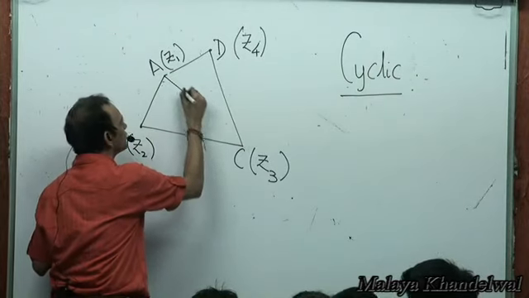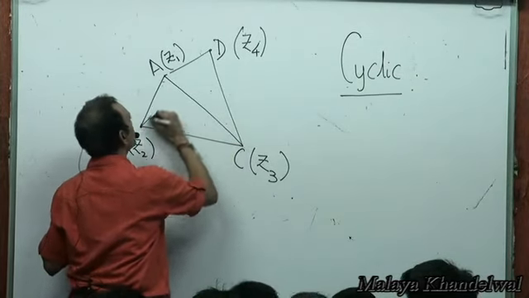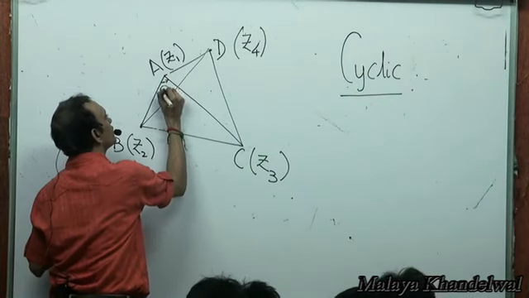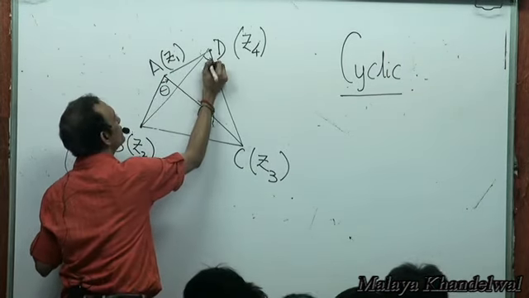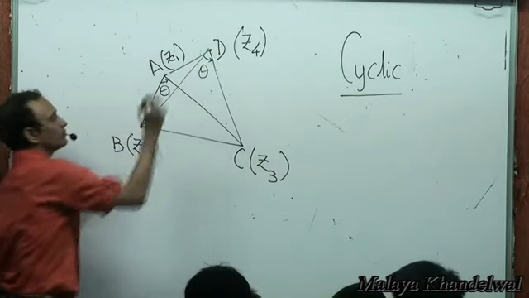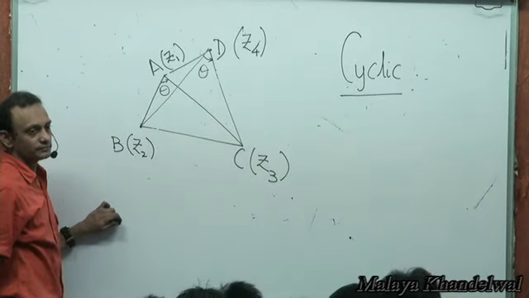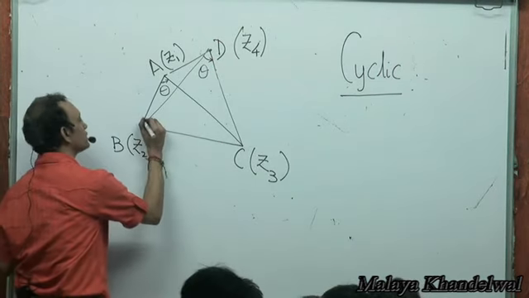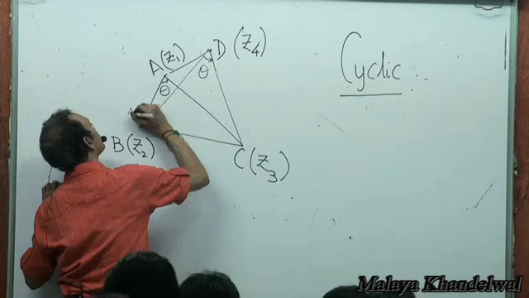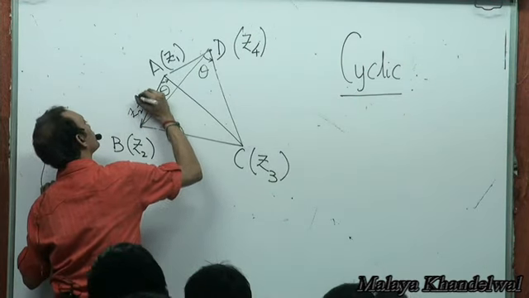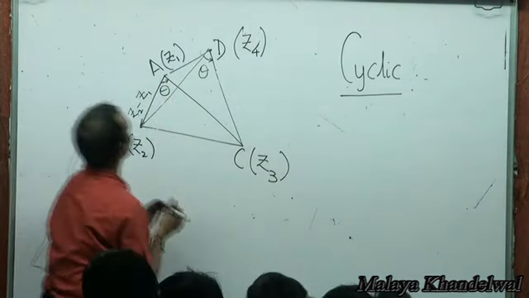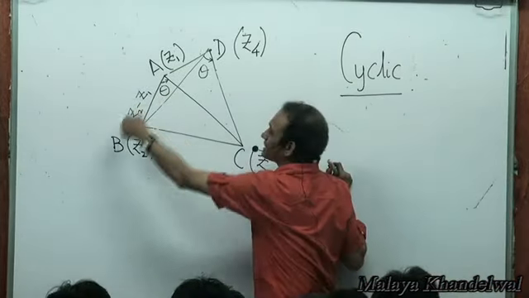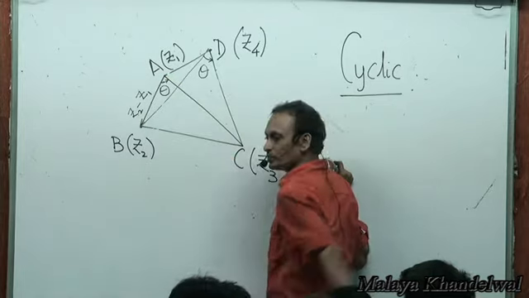Very clearly, this angle, if it is theta, then this angle must also be theta. Yes or no? What is this vector? Z2 minus Z1. This vector AB is final position minus initial position.